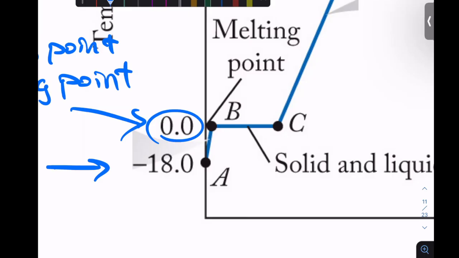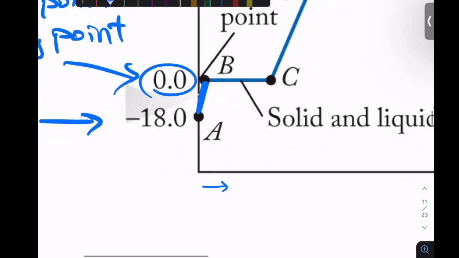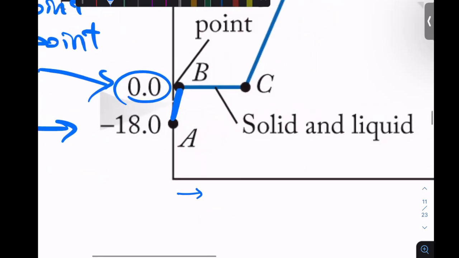Now, it's a little different concept, all right? But if we're starting at minus 18 degrees Celsius and we start to add energy to the solid H2O, it will rise in temperature. And we can define that rise of temperature the way that we have been doing it.